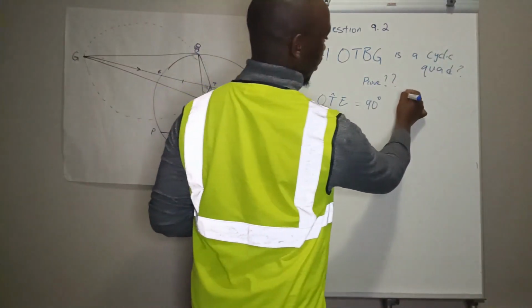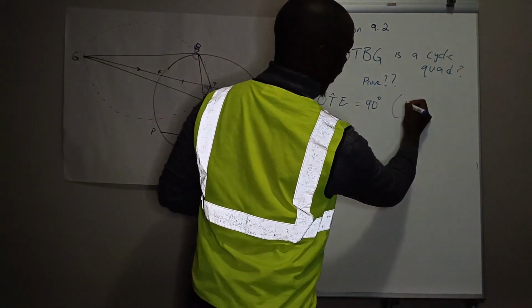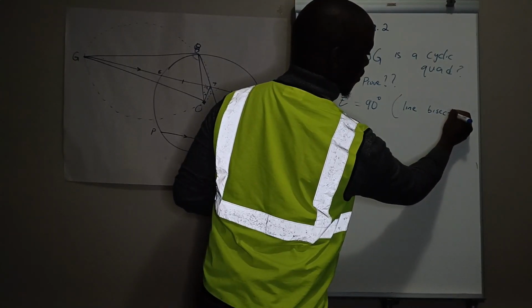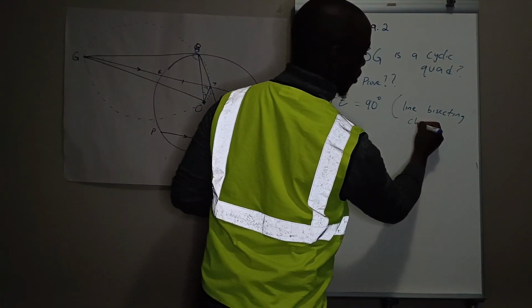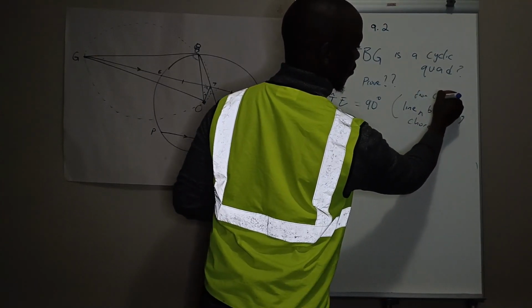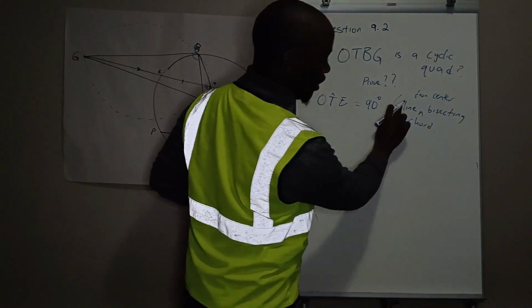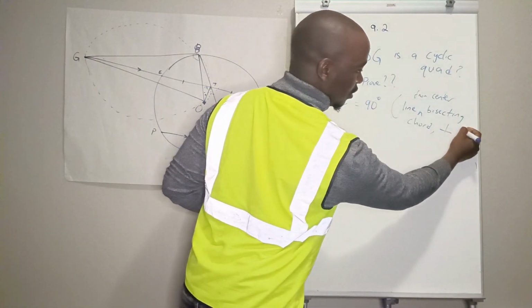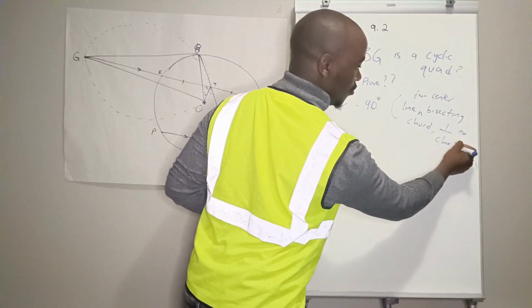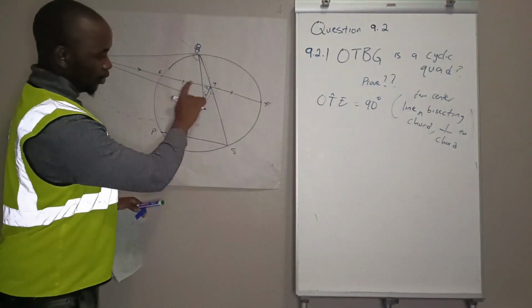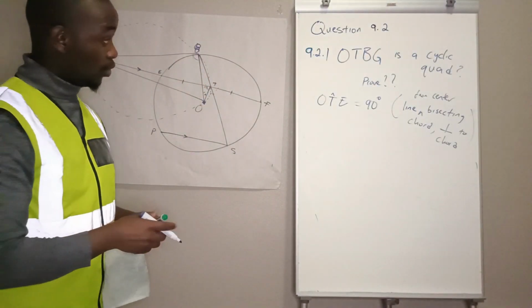And the theorem is that a line from the center bisecting a chord is perpendicular to the chord. So a line from the center bisecting the chord has to be perpendicular to that chord.